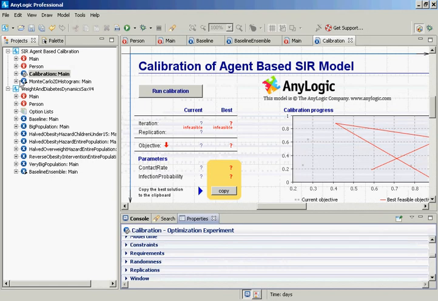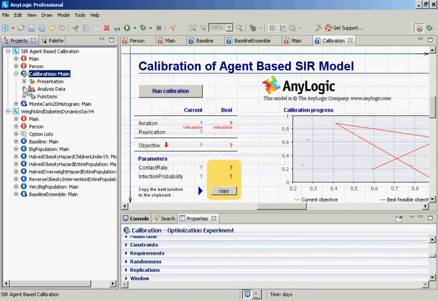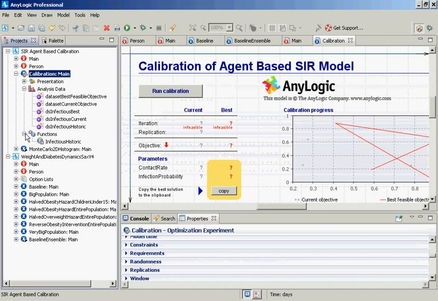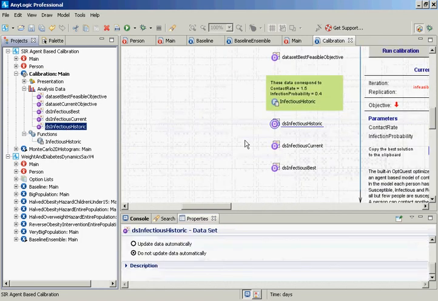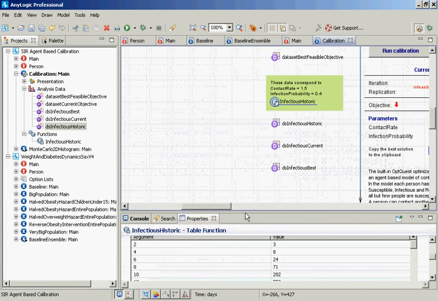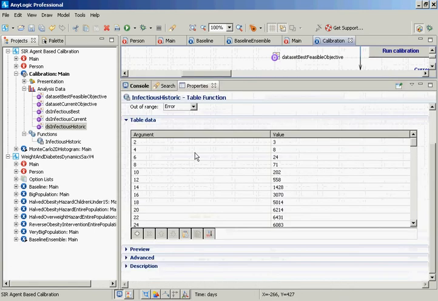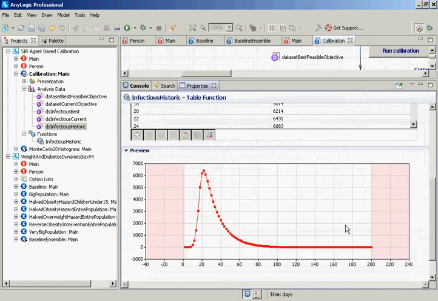This is our historic data, ladies and gentlemen. This is the data that we want the model to try to match in its results, in terms of the number of people who are infected at a given point in time, the prevalent case counts of infection over time. So there's this data, infectious historic.